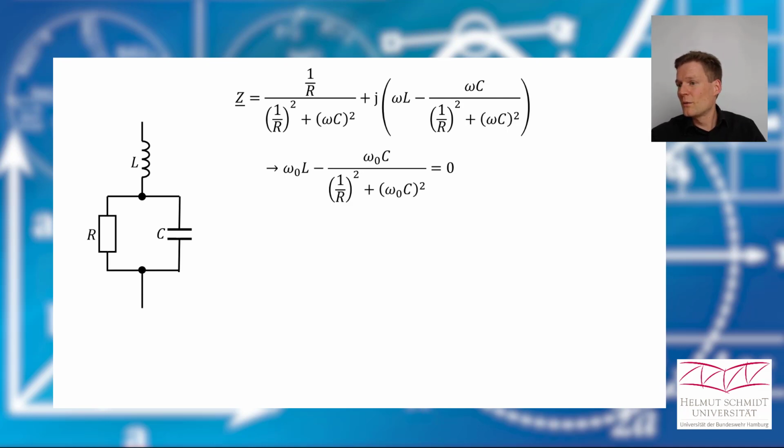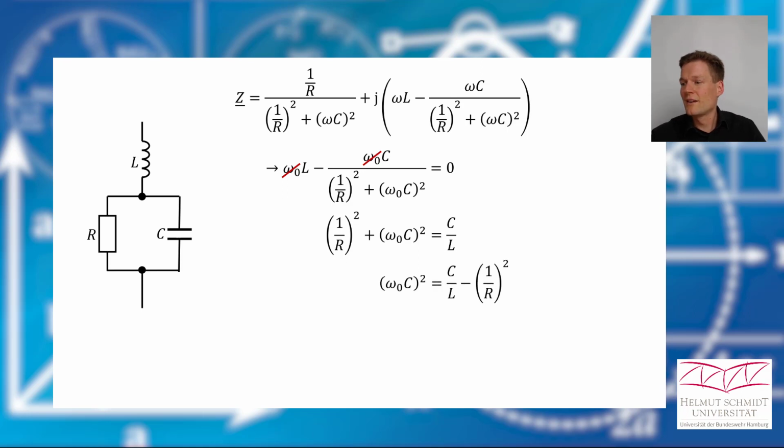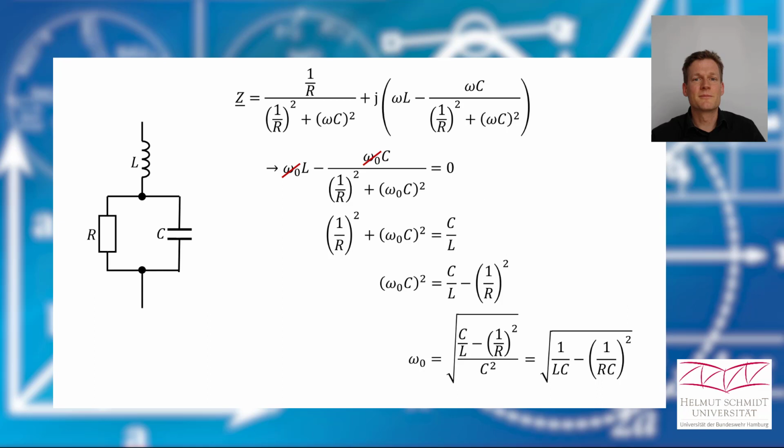But we are lucky, we can just shorten these two omega 0s, and therefore our expression can be solved like this, and therefore we can solve more, and this leads to an omega 0 which looks like this. And I don't like this double fraction, so I divide the two things under the square root by C square, and it leads to this expression.